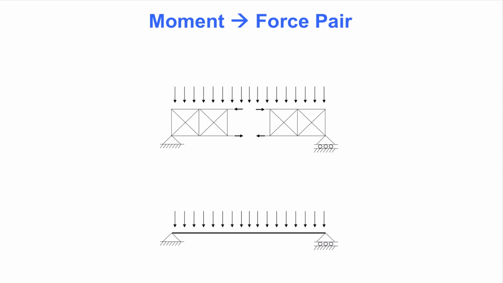Conversely, the bottom chord will be in tension in order to carry the load on the truss. That force pair, which consists of a force at the top and a matching force at the bottom, is a moment. In the analysis of beams, such as the simply supported beams shown at the bottom of this slide, we do indeed find this kind of moment acting inside on the cross-section of the beam. More about that in other videos.